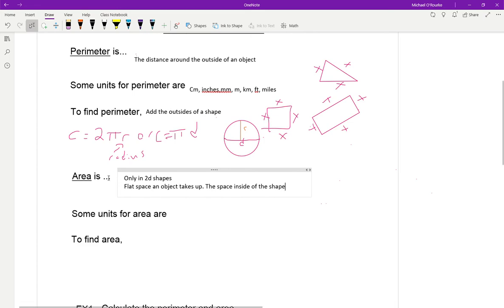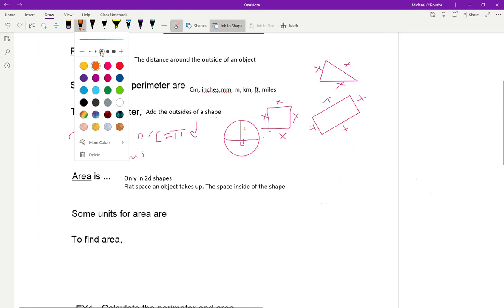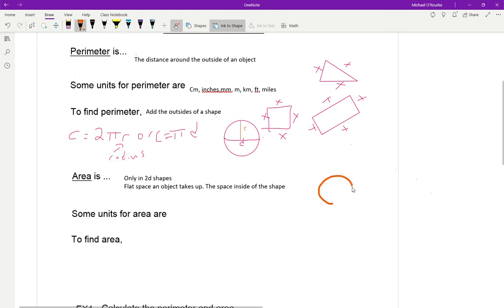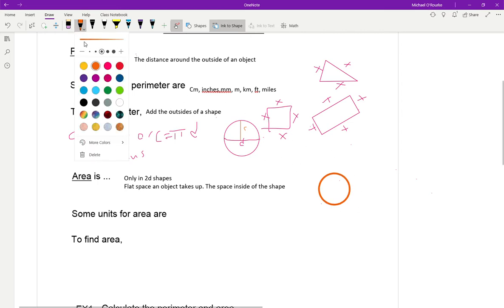So if we were doing our circle here, let's get a little thicker line. If we're thinking of our circle, the orange would be the perimeter.